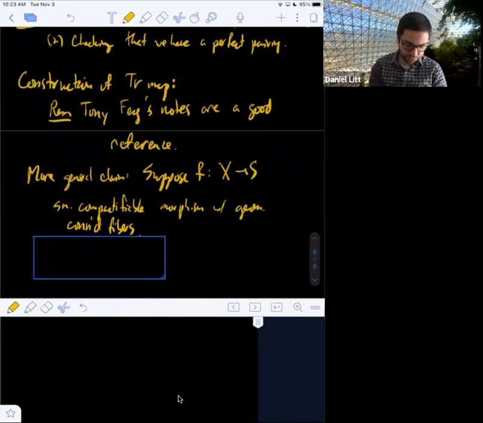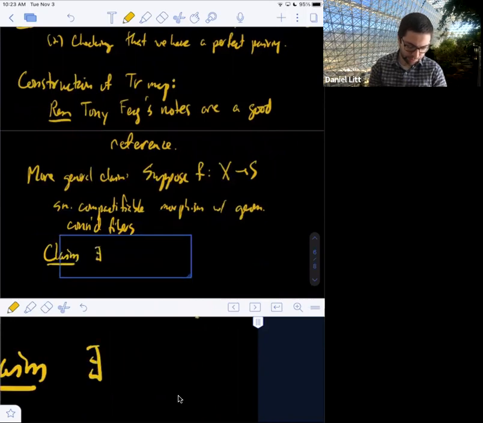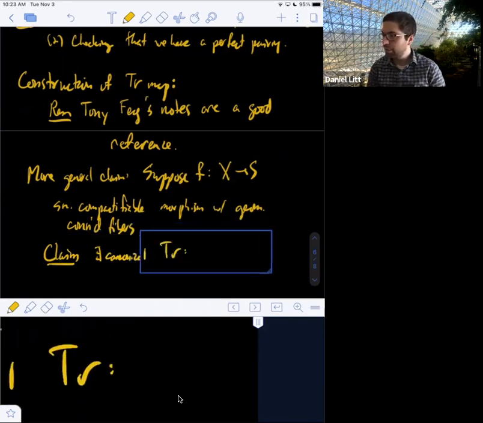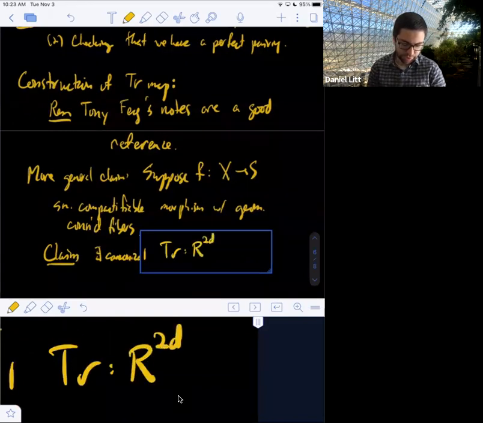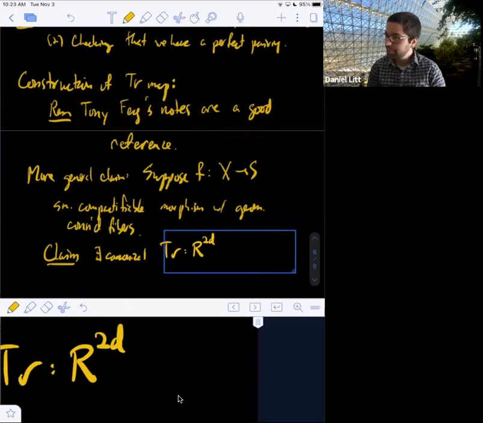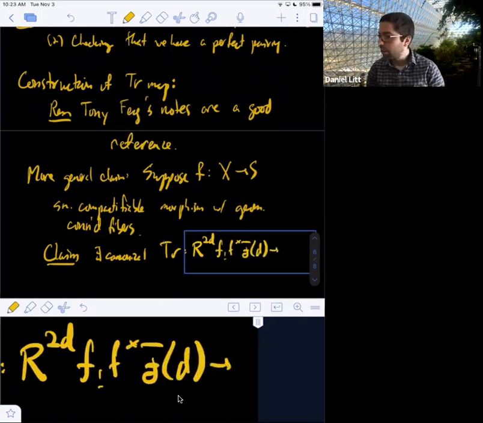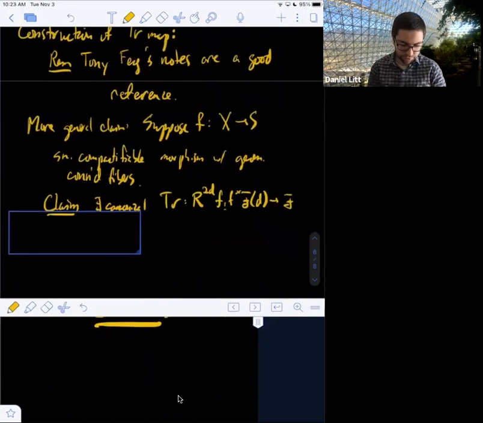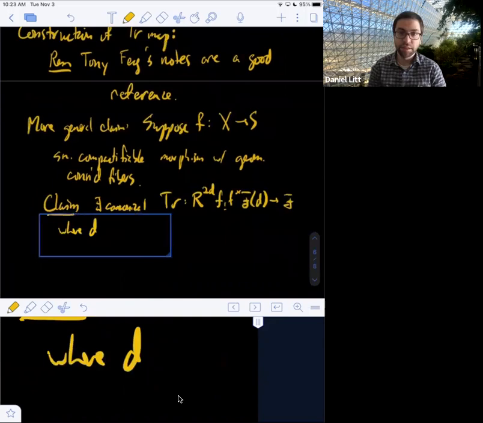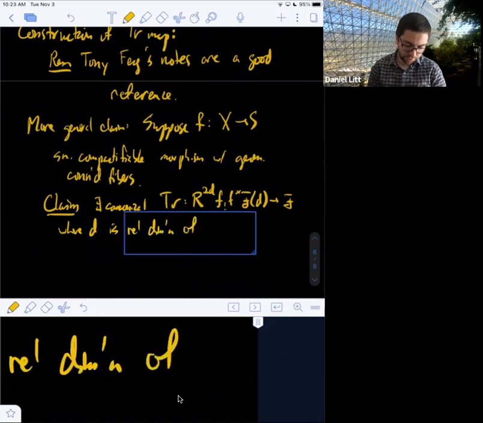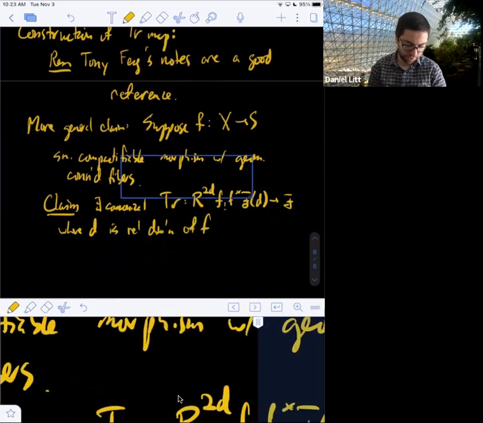So what are we going to do? The claim is that there exists a canonical map called trace, which goes from R^{2d}f_!f^*(F)(d) to F. So here d is the relative dimension of f, and I should have assumed that f has pure dimension d.